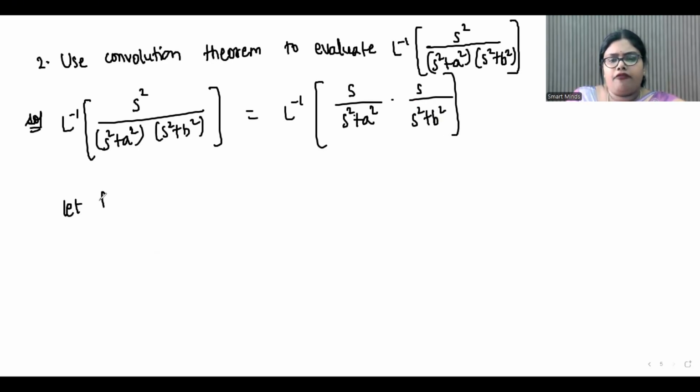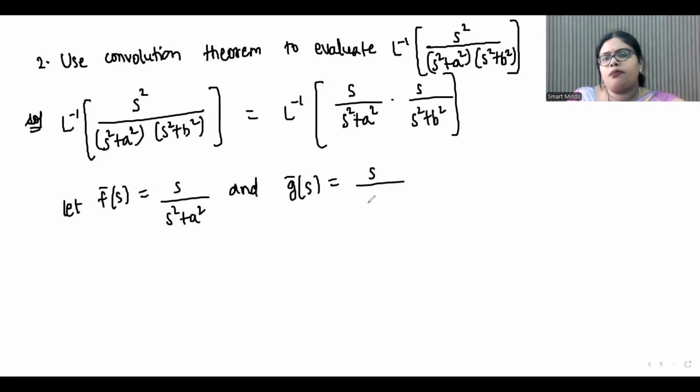Now let's say f bar of s is equal to s by s square plus a square and g bar of s is s by s square plus b square.